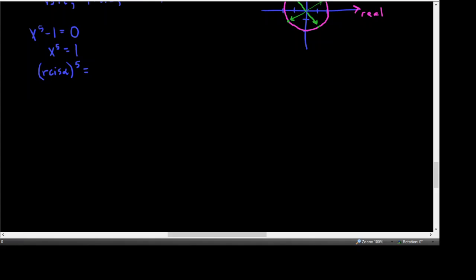And so if we were to graph 1, real, imaginary, pretend like I wrote the entire word, 1 is right there, and so it's 1 cis 0 degrees.